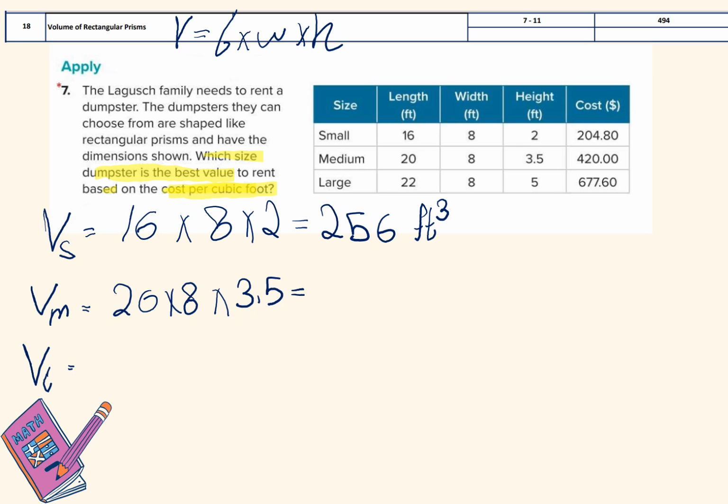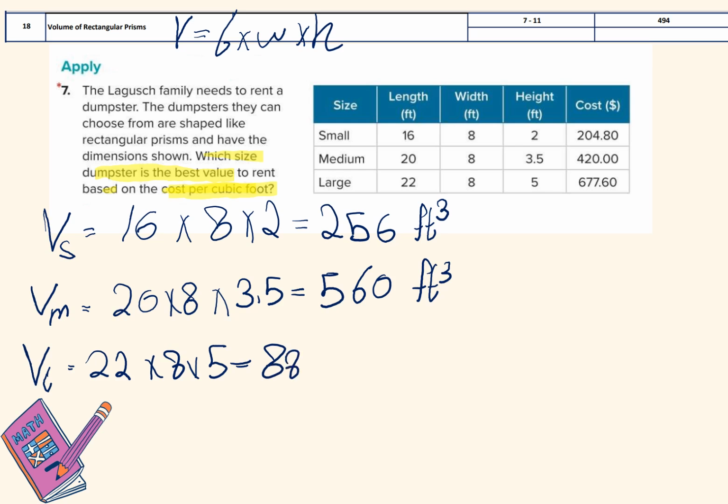Yeah, it is 560 cubic feet. And finally, the volume of the large, which is 22 times 8 times 5 equals 880. Yes, cubic feet.